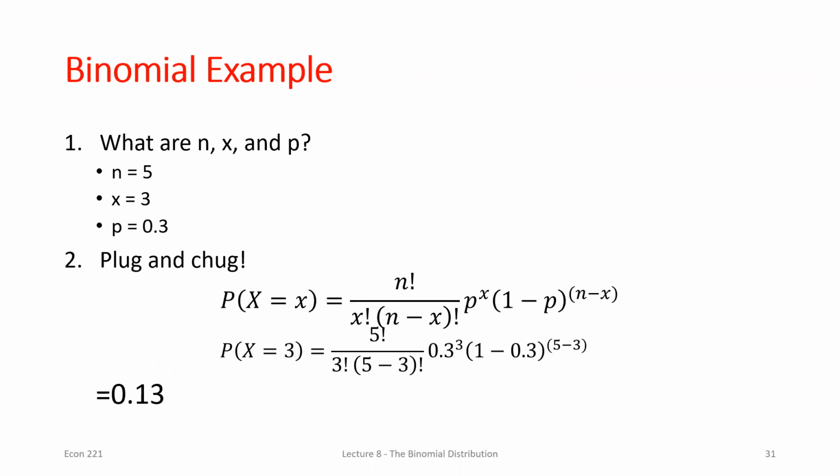Notice, what does this formula actually simplify down to? Well, 5 minus 5 is 0. Anything to the 0 power is just what? Anything to the 0 power is just 1. So if I'm multiplying by 1, I can essentially ignore that, since multiplying by 1 doesn't change it. And 5 minus 5 is 0.